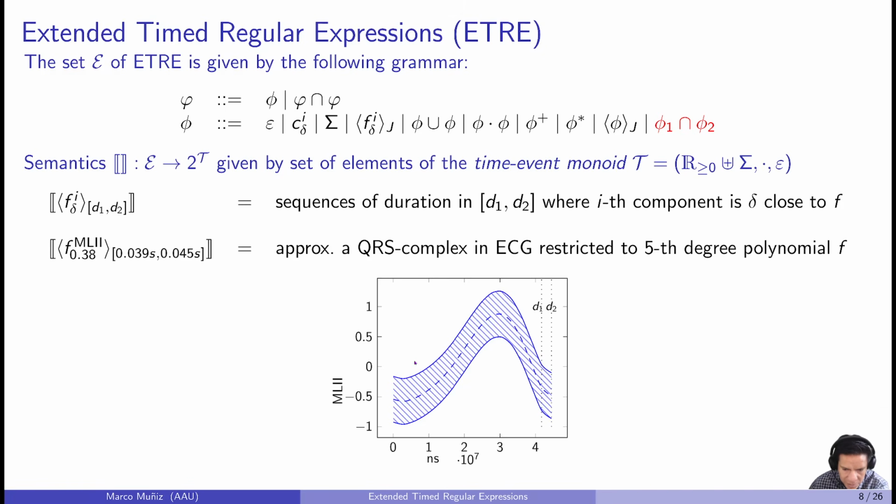So the delta is the width of this tube, and it describes all the sequences, right? All the words that are inside this tube that have duration between D1 and D2. So basically this sequence here, like it can go like this. This sequence, such that it ends between D1 and D2, would be matched.